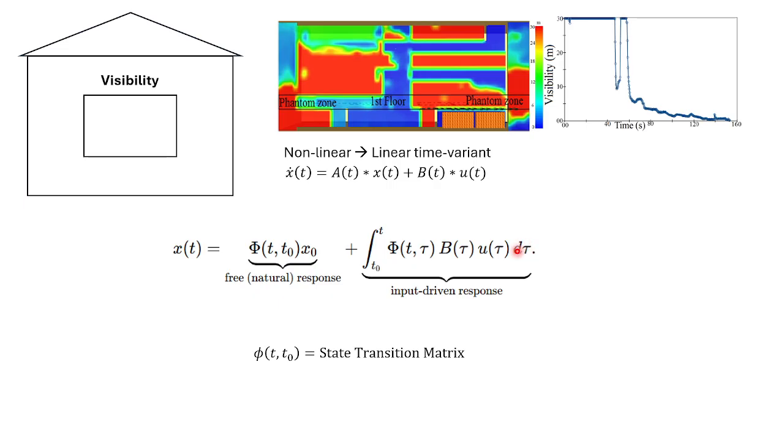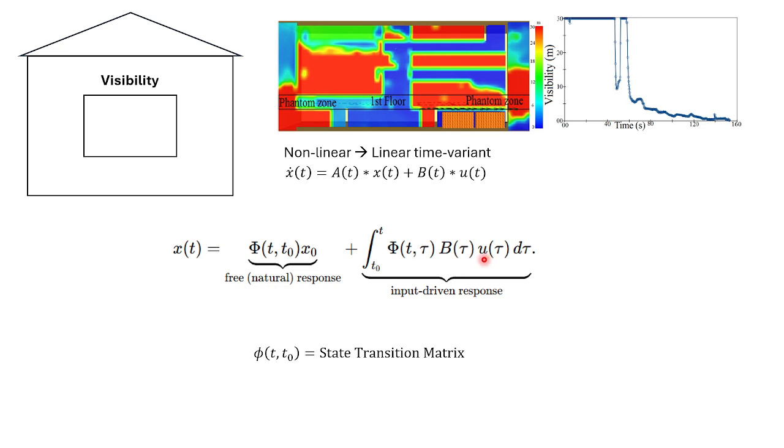So what is this phenomenon? At infinitesimally small time, which is a small change of time, say from t naught to the very next moment we are going, that is dt, and within that time there will be an input.